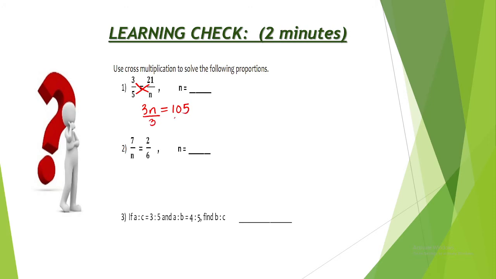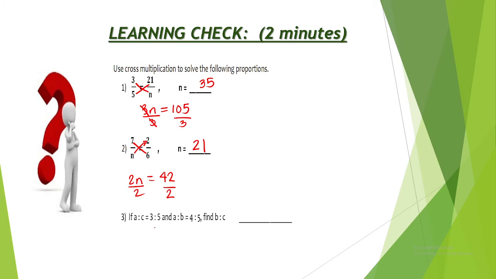Divided by 3, how much is that? 35. So, n is 35. The same thing as this: cross-multiply 2n, and 42 divided by 2. What is n? 21.